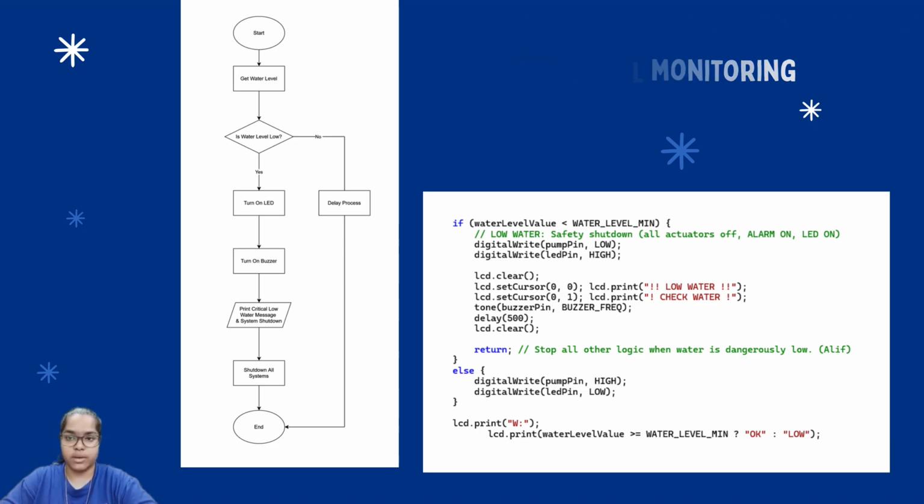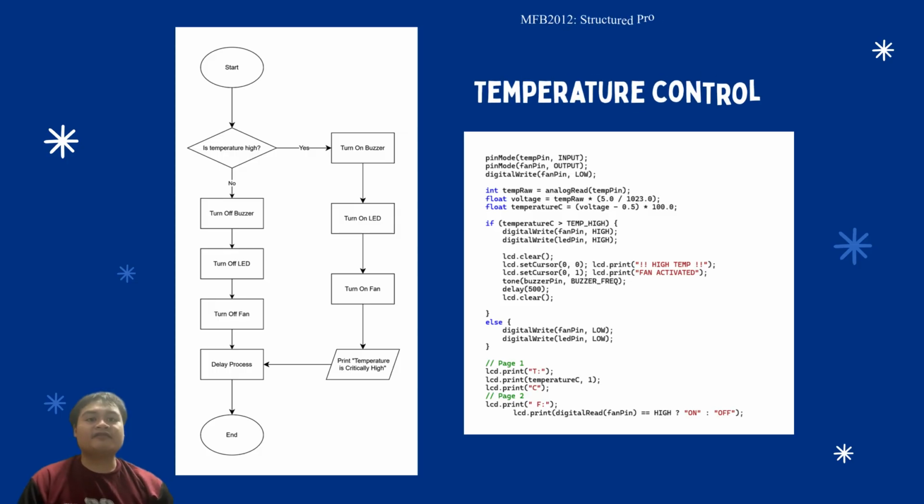As mentioned by Alif, I will be discussing the flowchart and the code of the temperature control. As you can see from the flowchart, what we want from the code is that when the temperature is high, the buzzer, the LED and the fan will be turned on and the critical message will be printed out, where here it prints temperature is critically high.